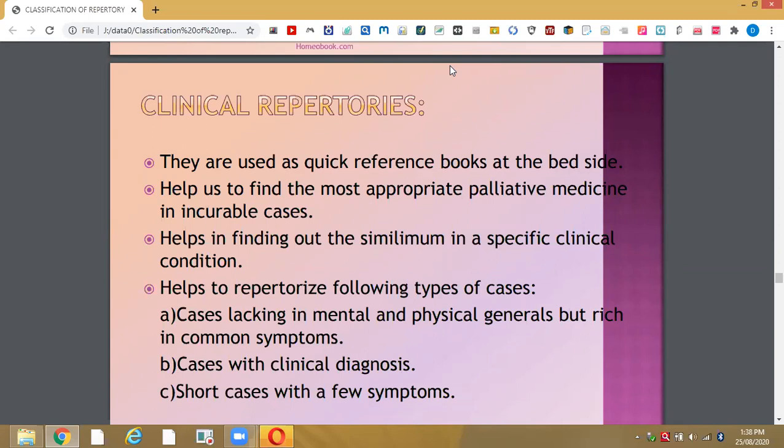Then it helps in finding out the similimum in a specific clinical condition.